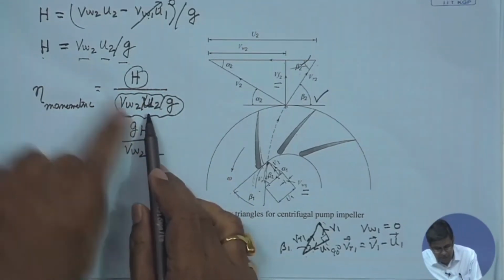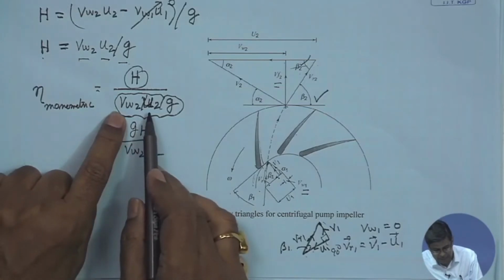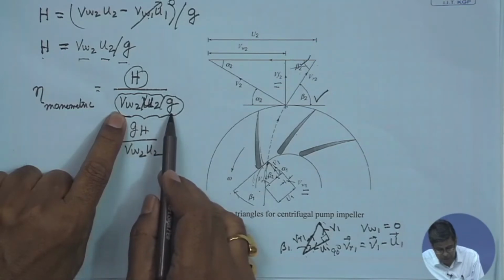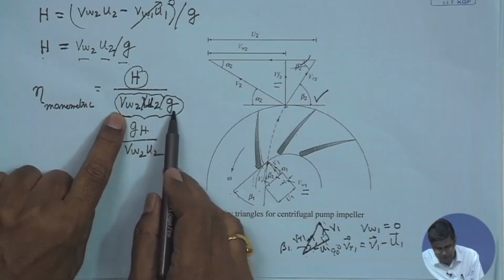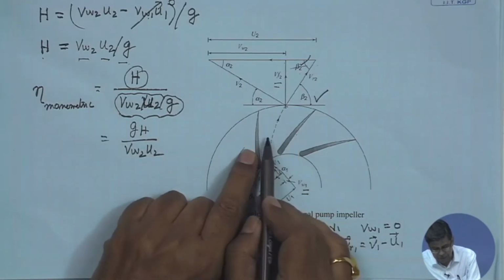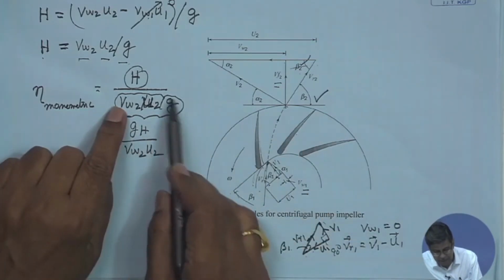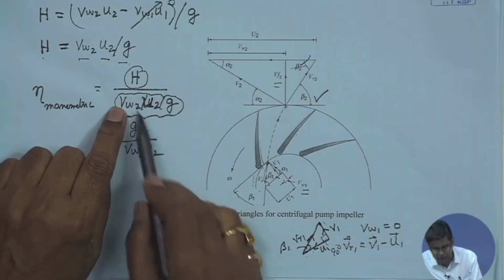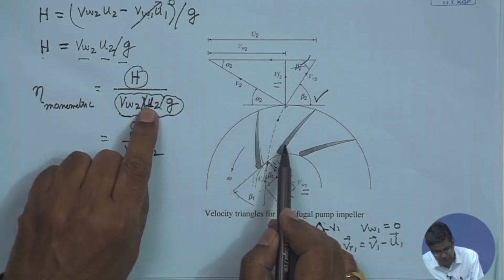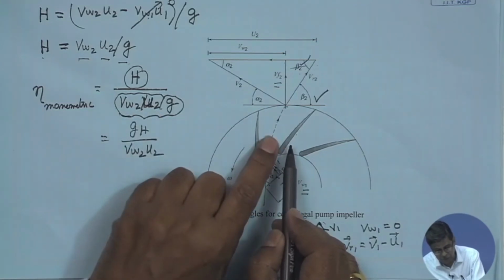Now, this is from Euler's turbine equation, that is the energy per unit weight, VW2 U2 by g, given to the fluid by the rotor. That means the rotor supplies this much amount of energy per unit weight, so this much head has been transferred to the fluid by the rotor.